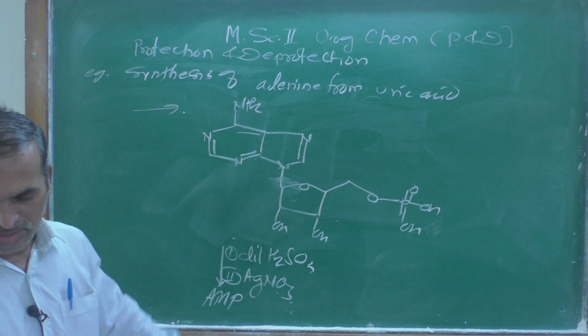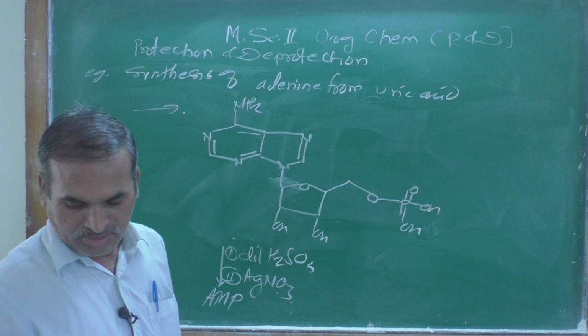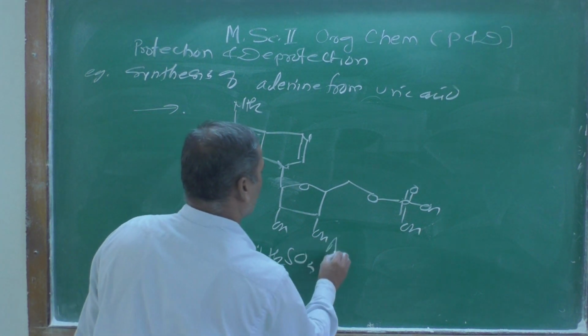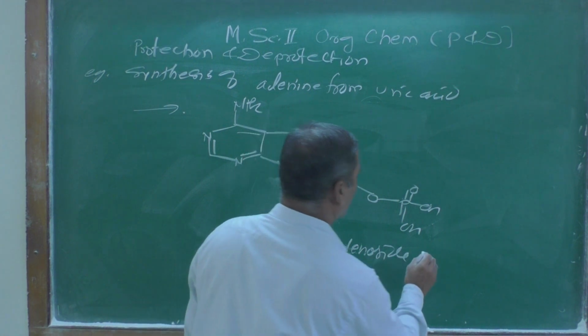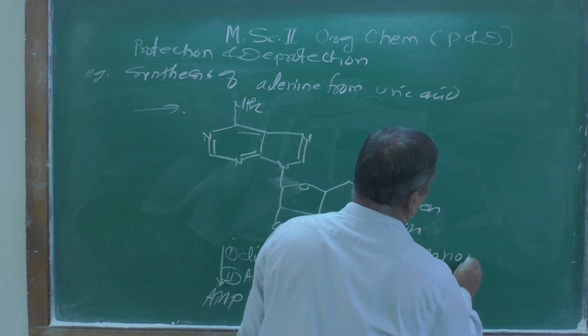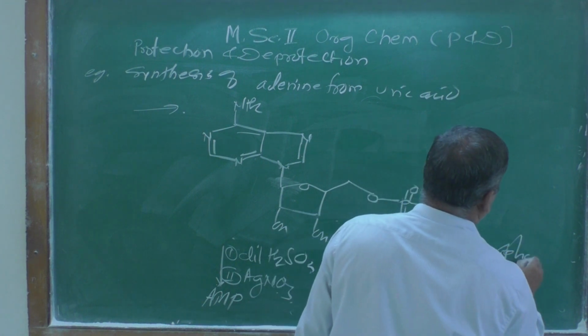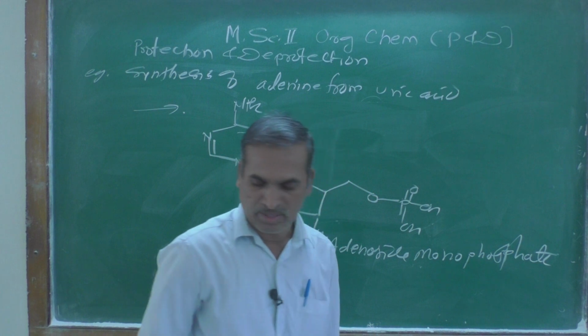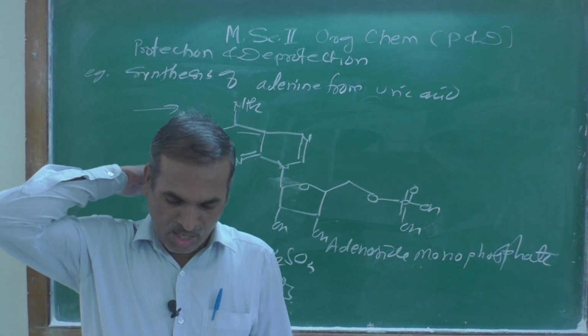This is nothing but AMP. AMP means what? That is adenosine monophosphate. So in this way we have seen how it is synthesized.